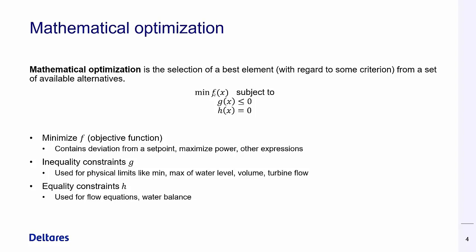It can have several terms that all address certain goals, for example, minimize the spill flow, or maximize power. Usually, this can contain a deviation from a set point. For example, if we have a certain target water level or volume for a reservoir, but it can also be a maximize or minimize expression or other expressions.